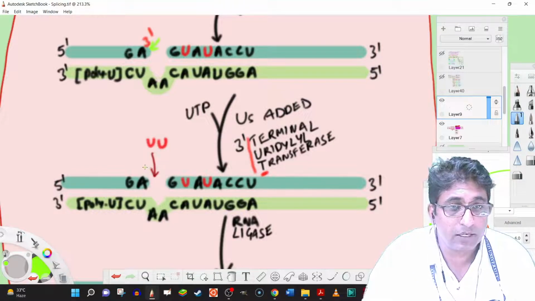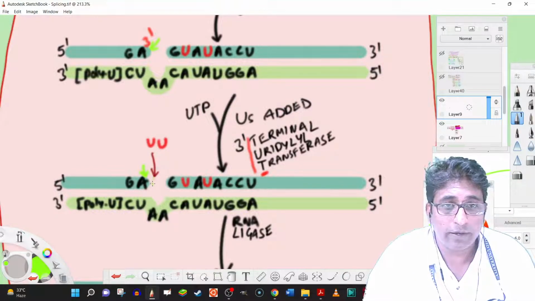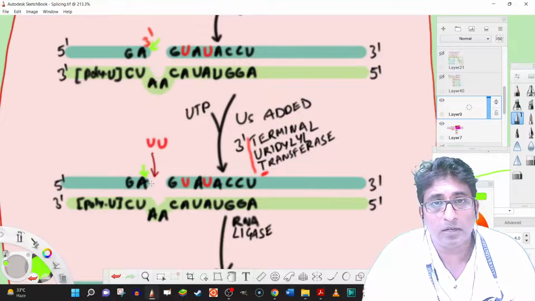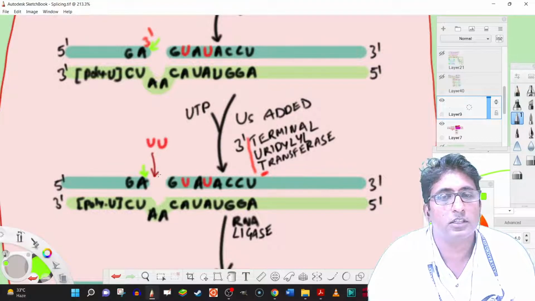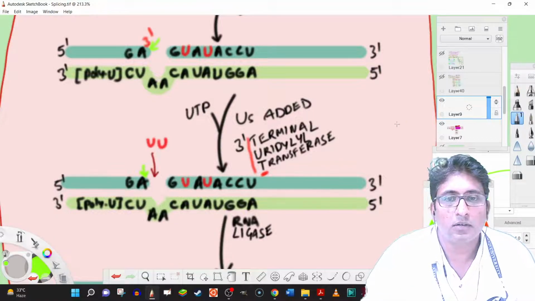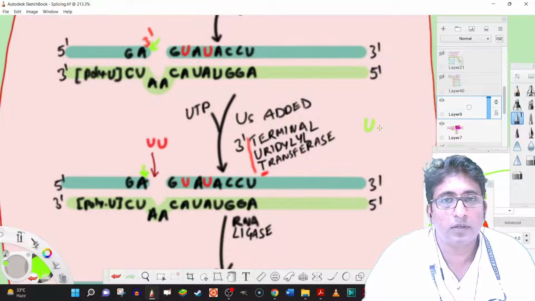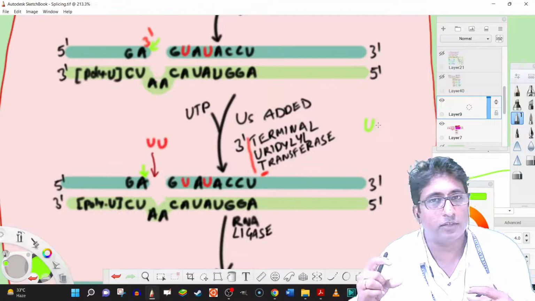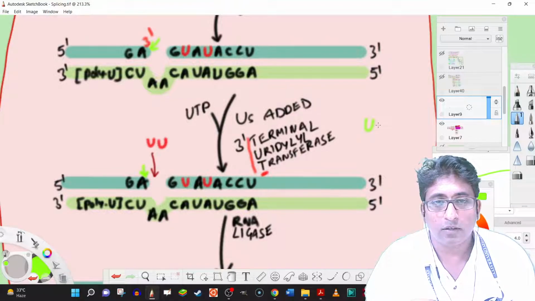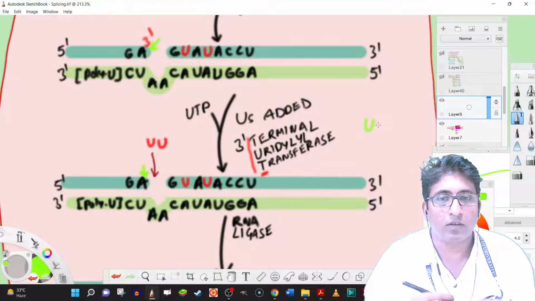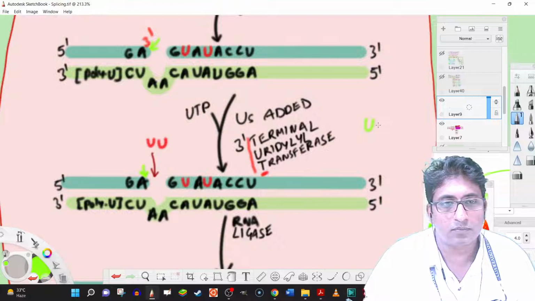It is taking the 3' OH, 3' terminus, uridyl, which means that it is adding nucleotides of uridine bases. If it is just addition of a nitrogen base alone, you can probably call this uridine transferase. When you say uridyl transferase, then it would mean that it's a nucleotide.